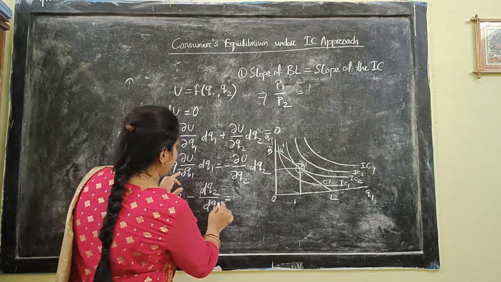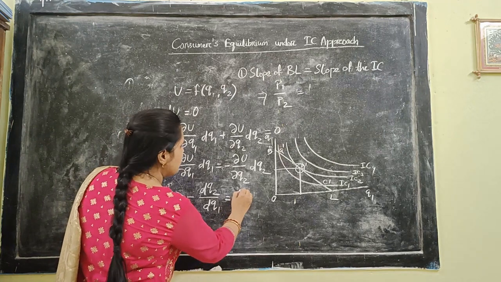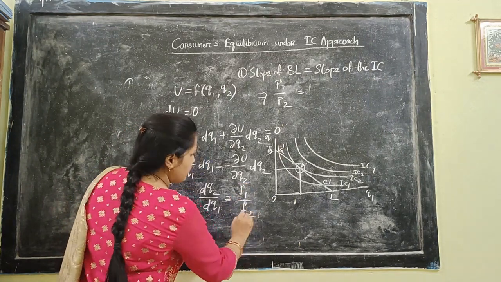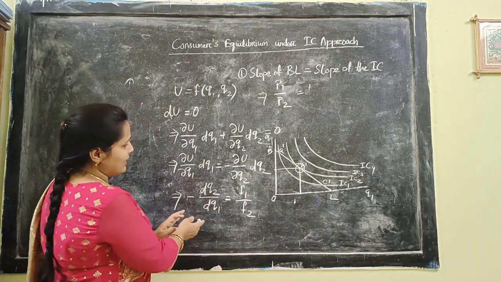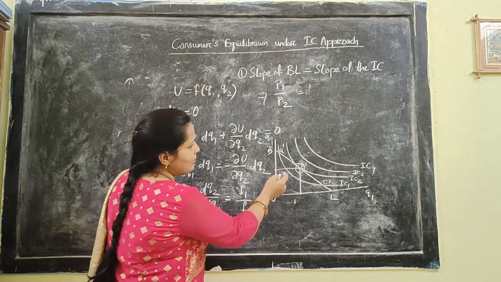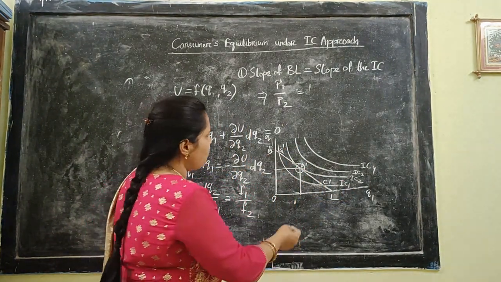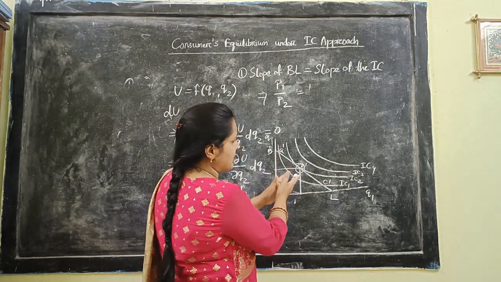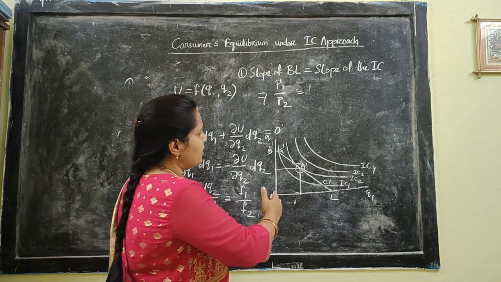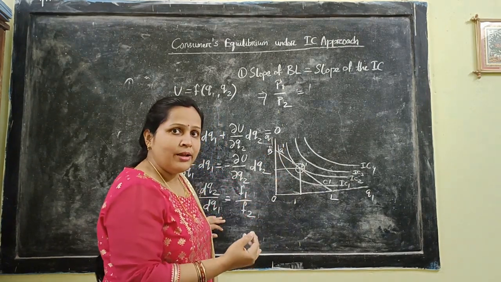So now what can I write? It is minus dQ2 by dQ1 is equal to F1 by F2, right? What is minus dQ2 by dQ1? That we can say is the slope of the indifference curve. It represents for a unit change in Q1 how much of Q2 the consumer has to sacrifice, right?